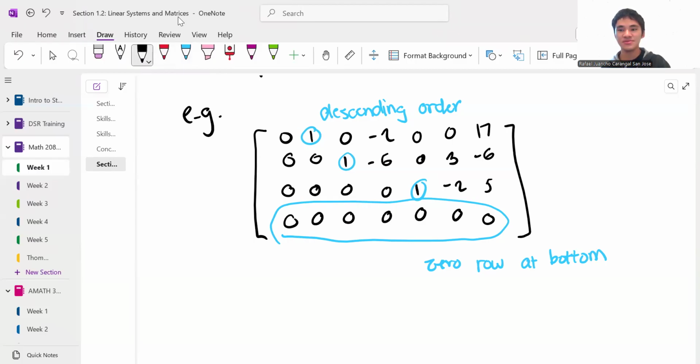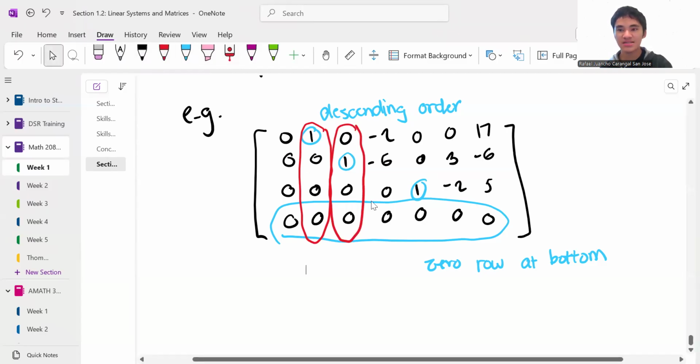But how do we know if it's reduced? Well, we need to check the pivot columns. So these are the pivot columns. What exactly is a pivot again? A pivot has a leading term, I mean, not variable, leading term that has a non-zero entry.